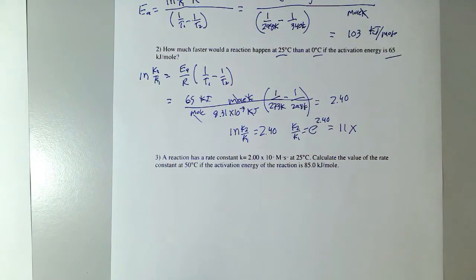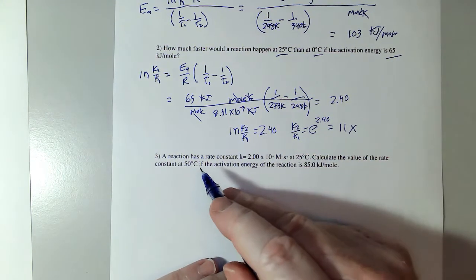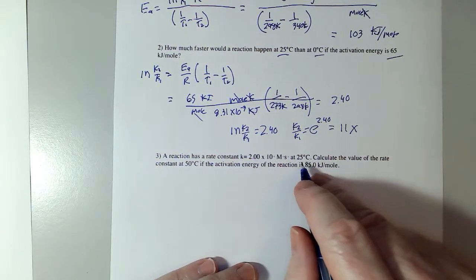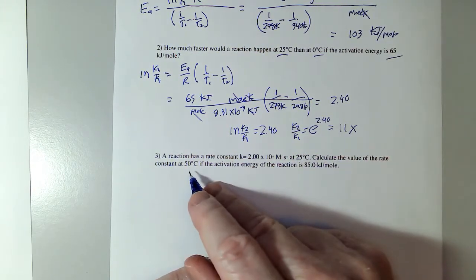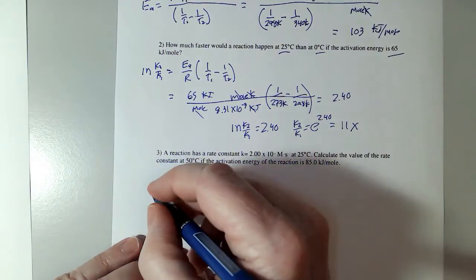So now, to actually solve for a K requires us to use a little bit of our knowledge of logarithms. In this reaction, we have a rate constant at this temperature. Calculate the value at a different temperature. Activation energy is given.